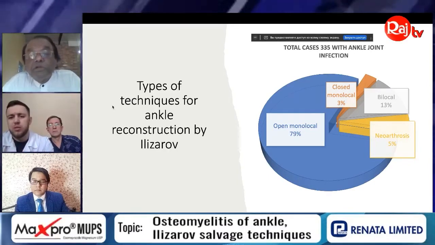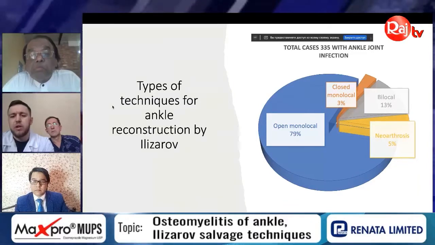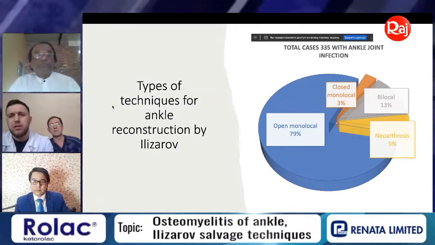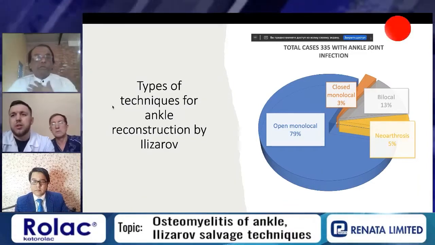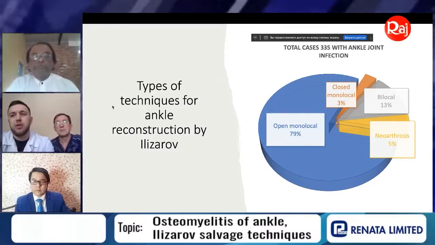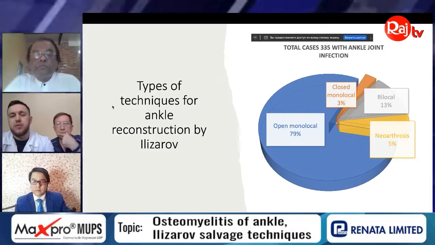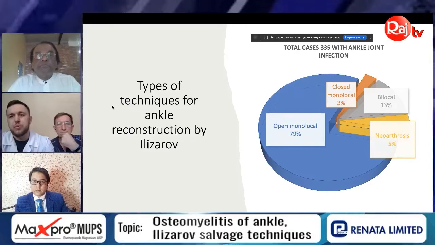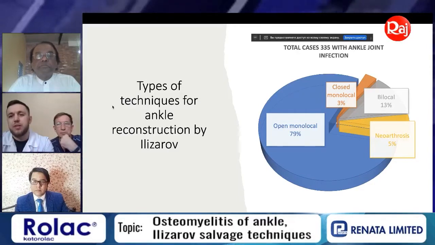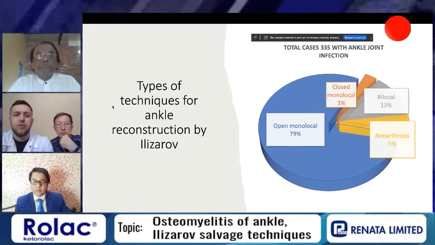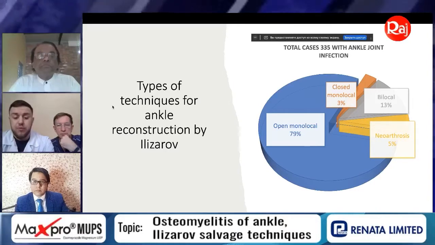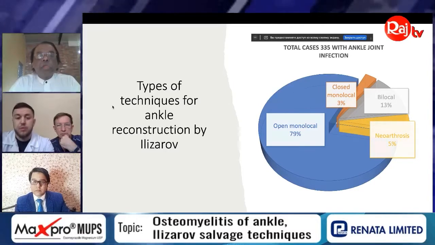There is the bilocal technique and creation of a new arthrosis. There is also our young technique, where we create a safe function of the ankle joint.